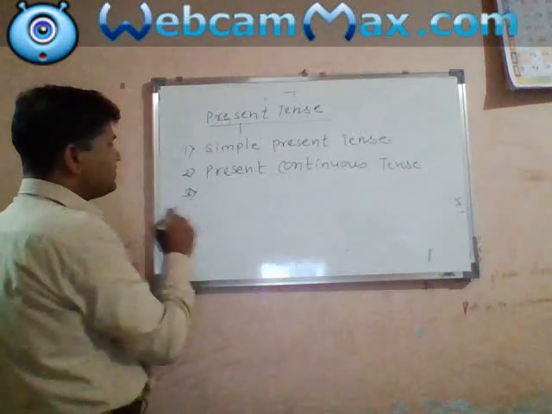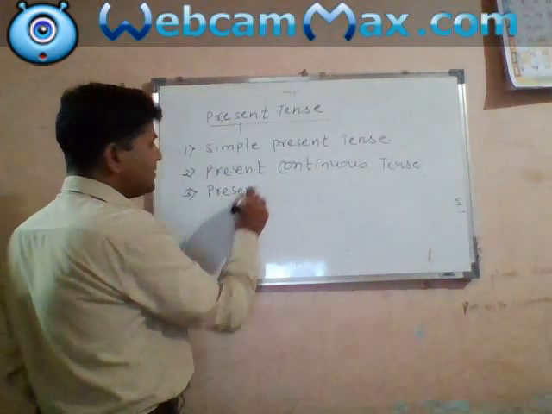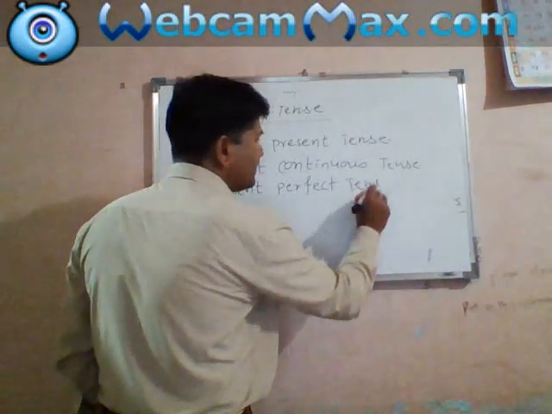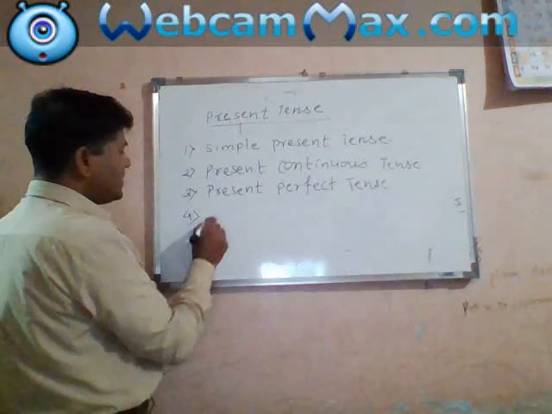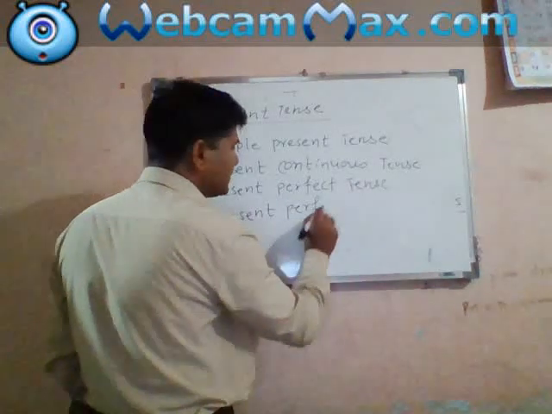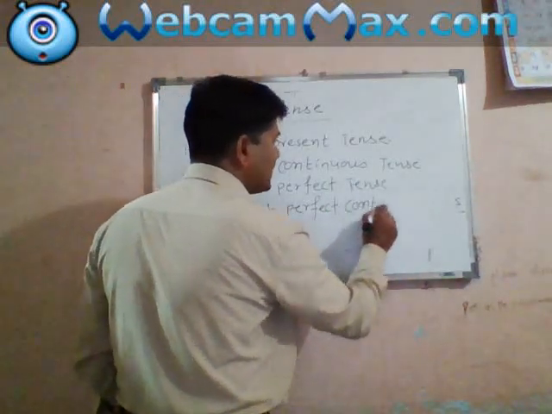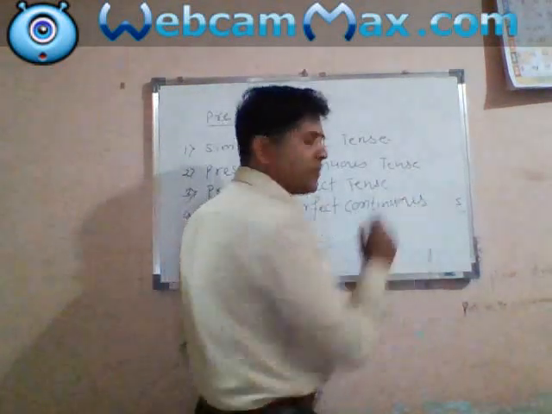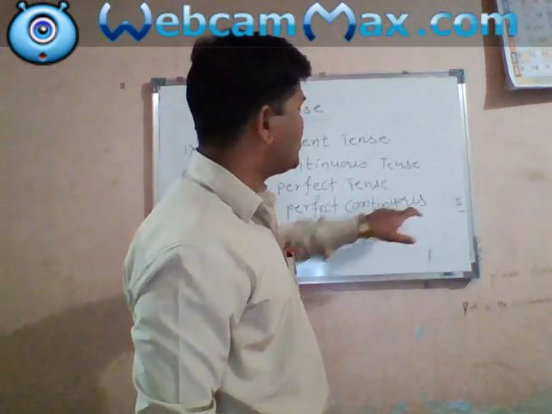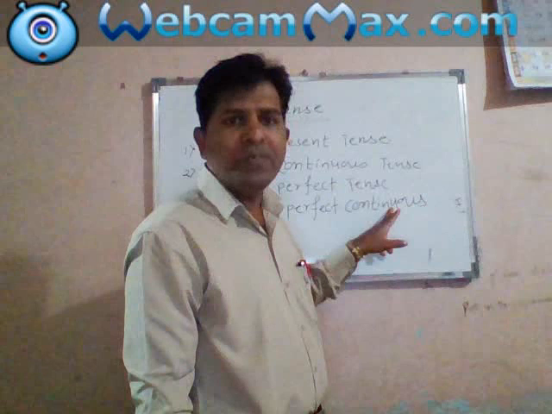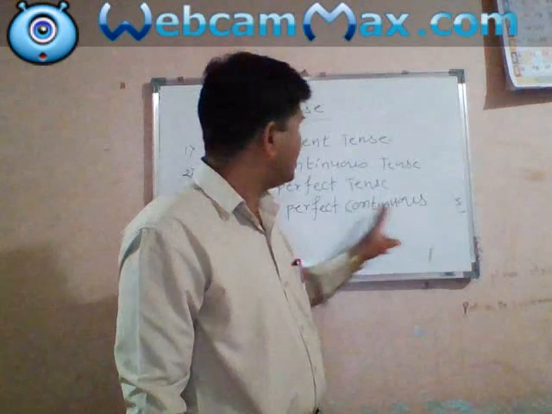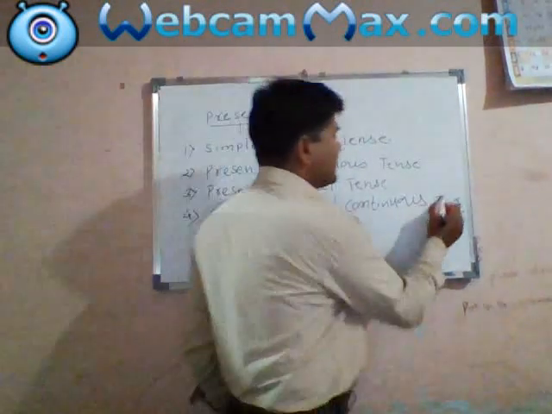Third is present perfect tense. And fourth is present perfect continuous. Check the spelling of continuous. Most of the time children misspell this word.